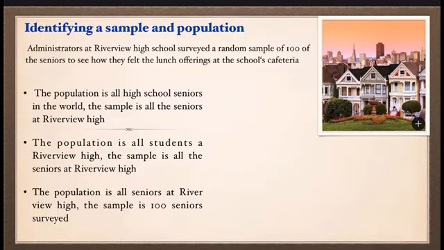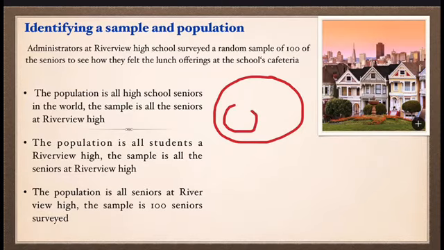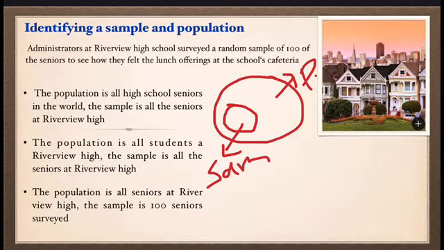So now, you have all of the seniors. Imagine there are more than 100 in the population, and you have a sample of 100 seniors. This is going to be the population, and this is going to be the sample.